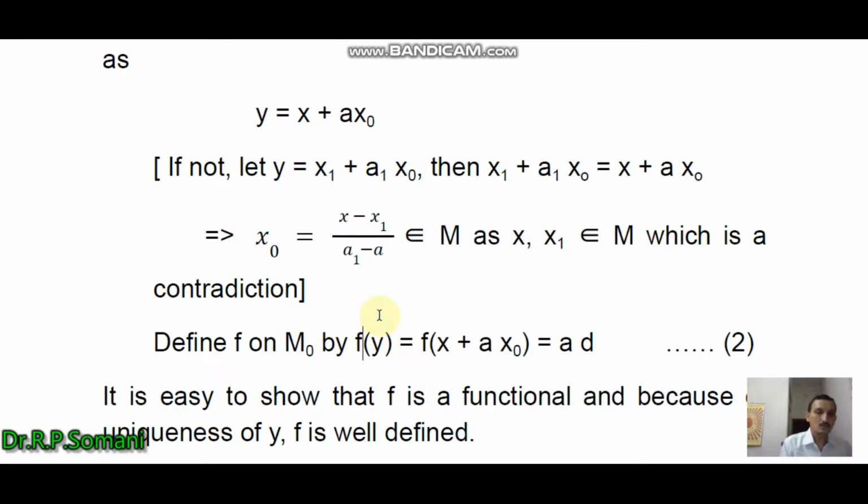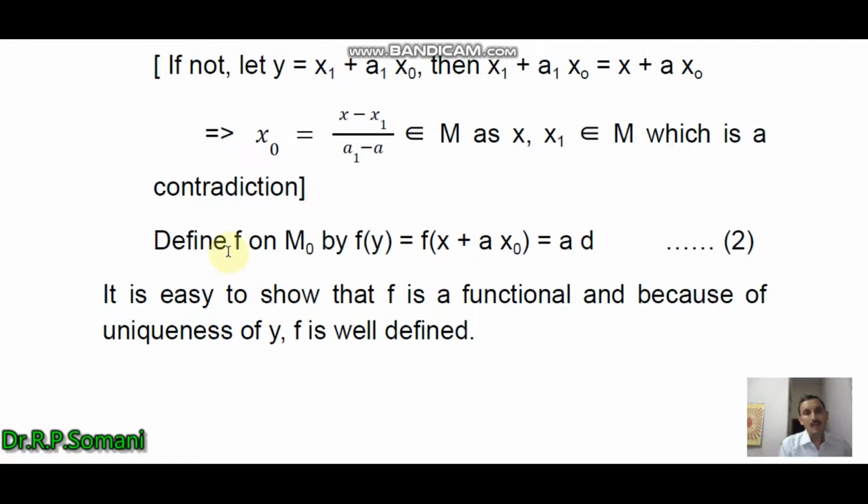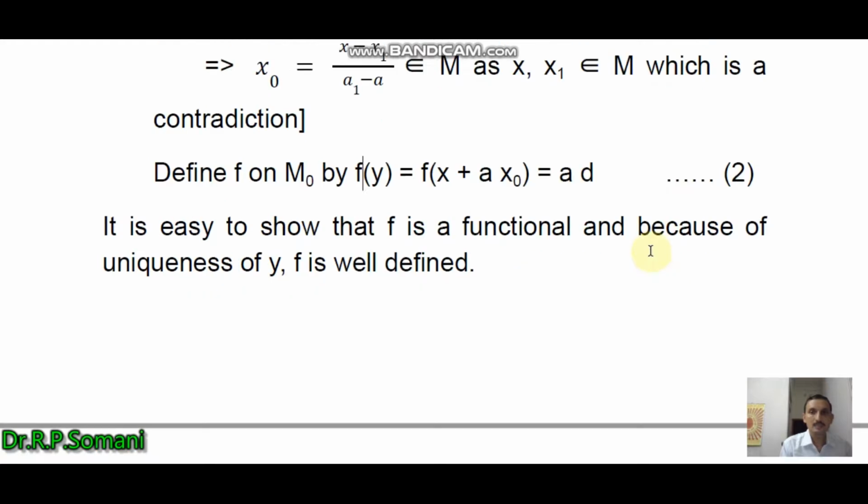So now we define a mapping f on M0 by f(y) equal to f(x plus a x0) equal to a d. And this we denote as equation number 2. Then it is easy to show that f is a functional, and because of the uniqueness of y, f is well defined.